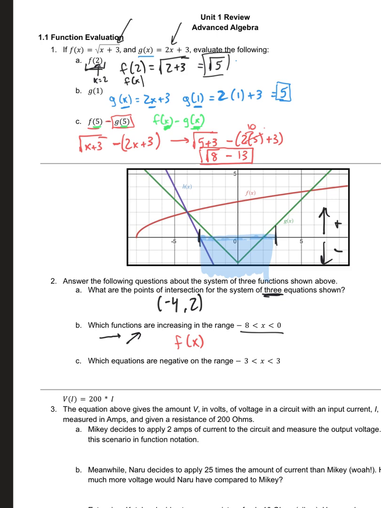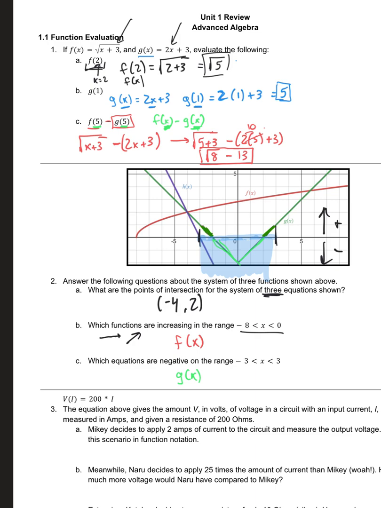The first one in green here, g of x, okay, it is negative. Okay, although, watch this though, be careful. G of x is also positive. Let's try a different green here. See how that works. G of x is also positive here.